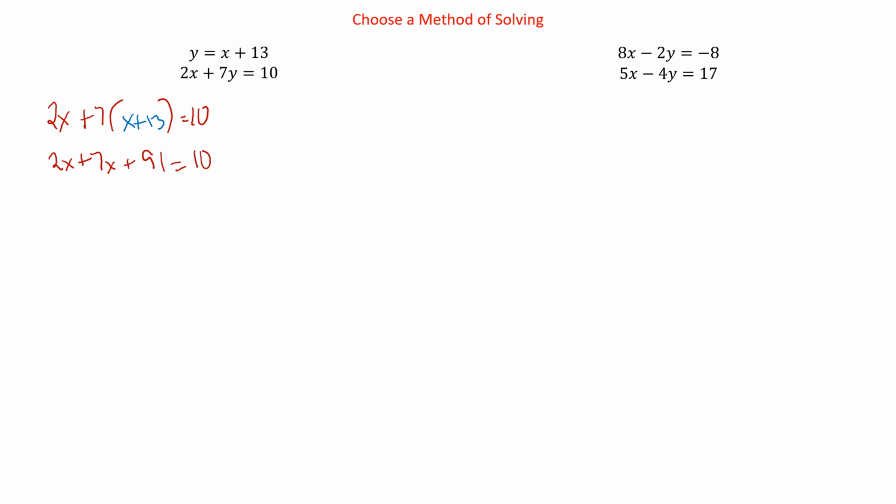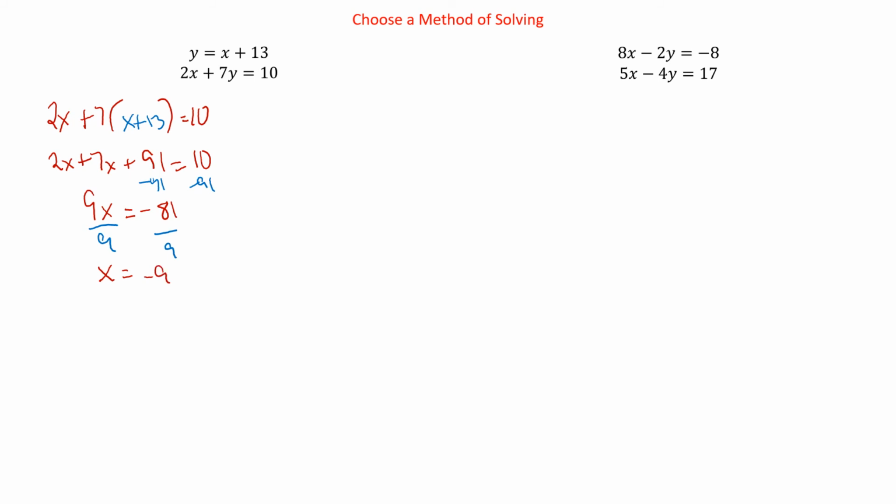Add, so 2x plus 7x is going to be 9x. We can subtract that 91. So we have 9x equals negative 81. Divide both sides by 9 to get x equals negative 9.